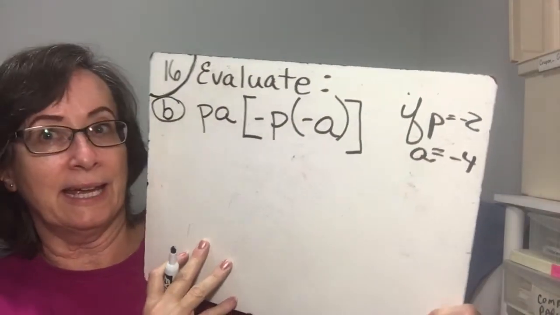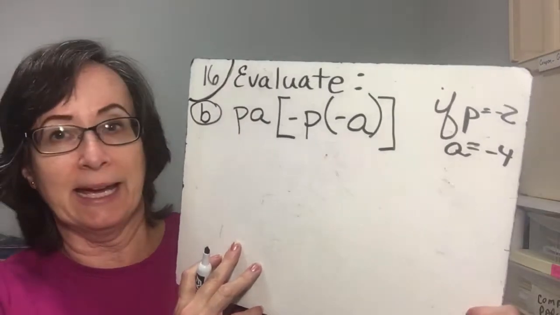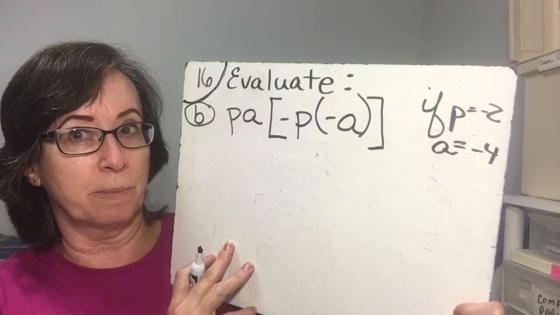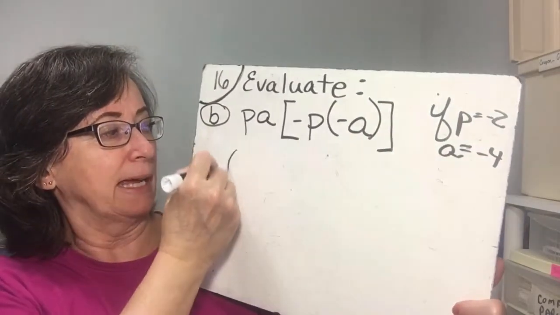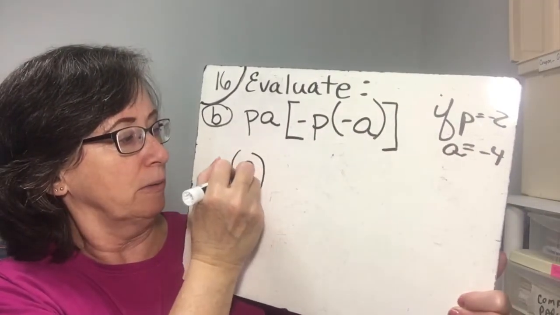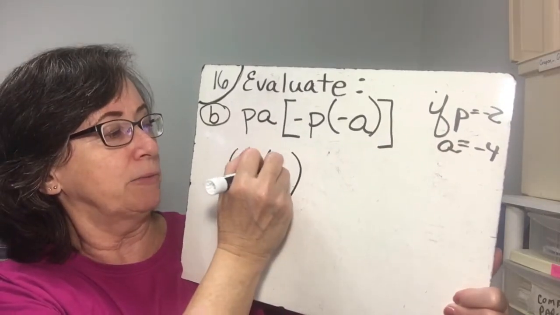Okay, here is practice problem number 2, and we're going to use our parentheses on this one because we're alternating. So we're going to take out the p and put in a negative 2. We're going to take out the a and put in a negative 4.